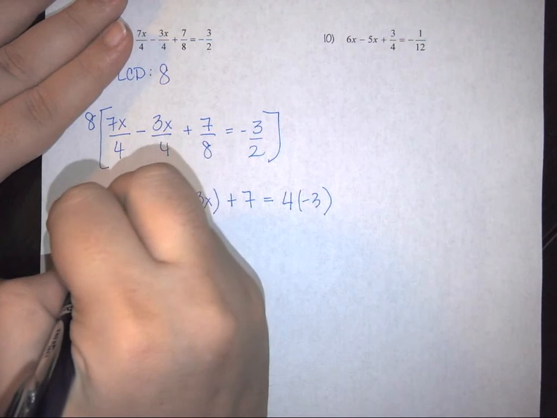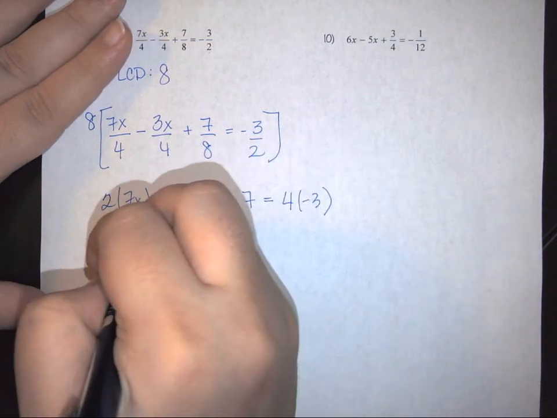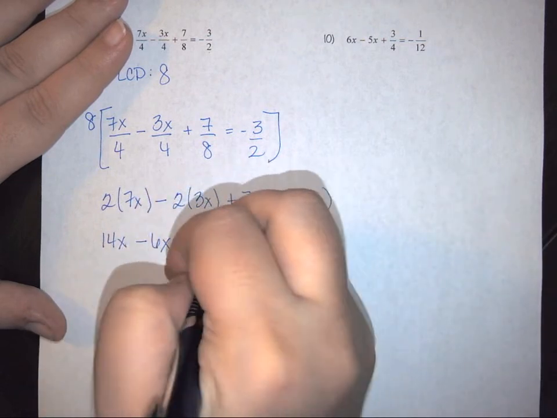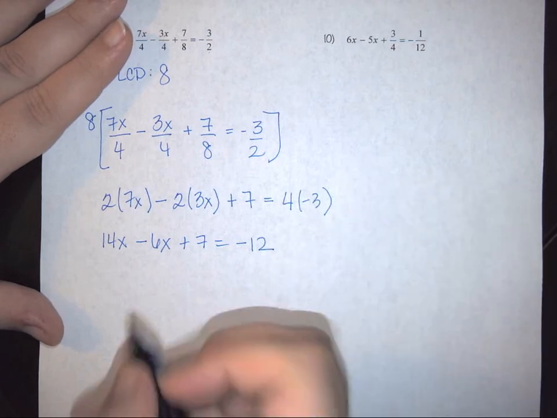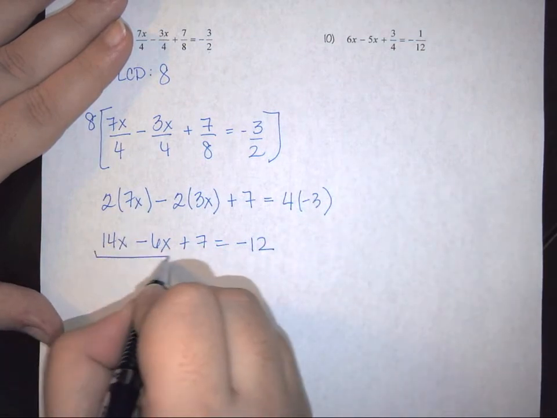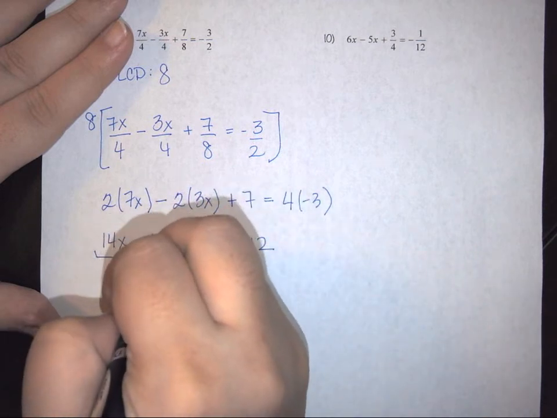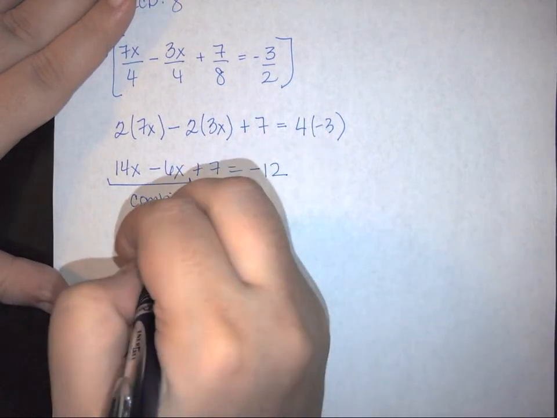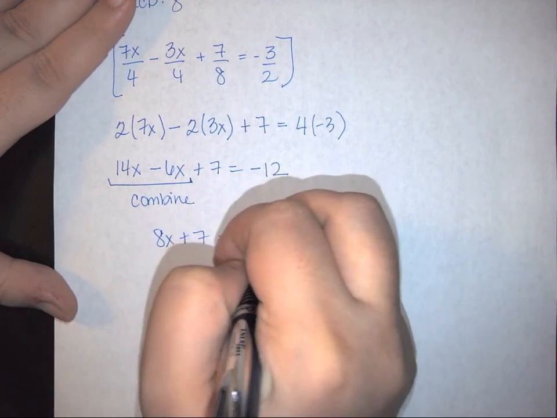2 times 7 here is going to give me a 14x. Negative 2 times 3 is a negative 6x. And then we have that plus 7 is equal to a negative 12. We need to combine our terms, so we're going to look at these two first and combine them. So we have 14 minus 6, that's going to give you an 8x plus 7 equals negative 12.